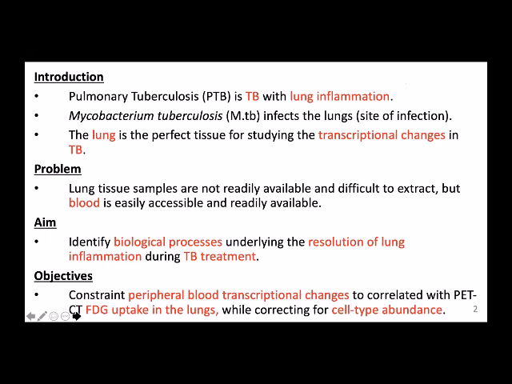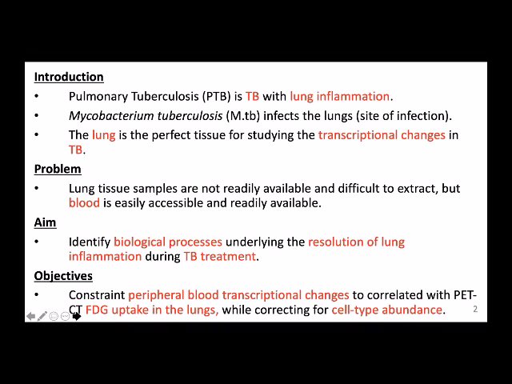Pulmonary TB is tuberculosis with lung inflammation, and Mycobacterium tuberculosis is the pathogen that causes TB. It infects the lungs. As such, the lungs are the ideal tissue for studying transcriptional changes in TB.